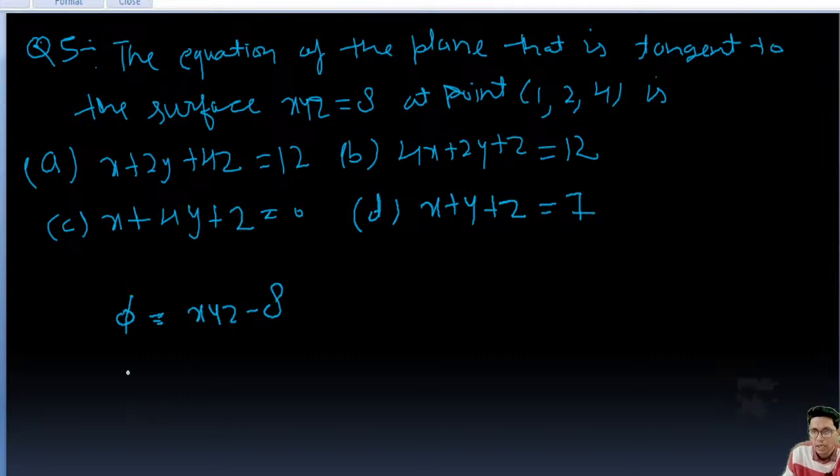And we know the gradient of phi is normal to the level surface. I'll explain with the figure on the next page. The unit normal vector is gradient phi upon mod gradient phi.